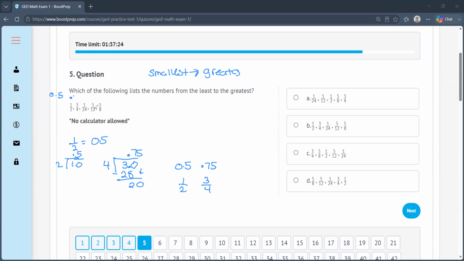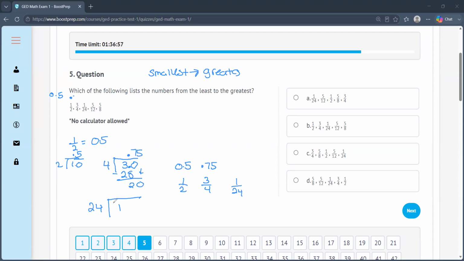And then what about 1/24? That's fairly small. I know 1/24 is very small. It's probably the smallest, but if you're not sure, let's convert that to a decimal. So do the box: one goes inside and 24 goes outside.